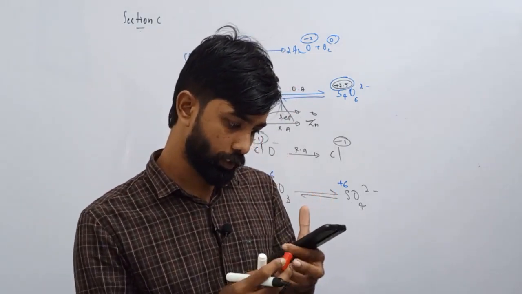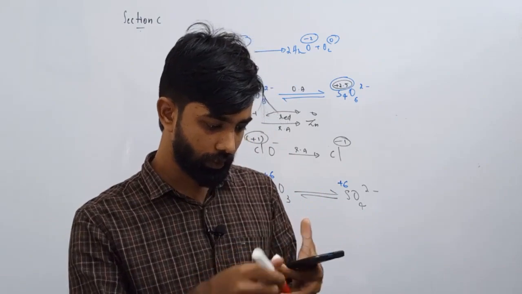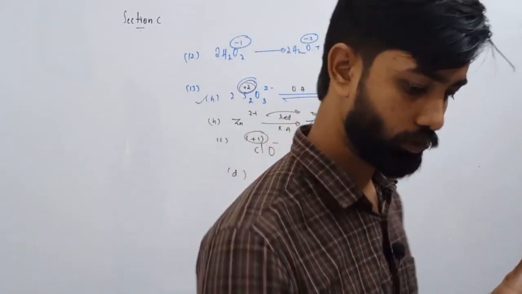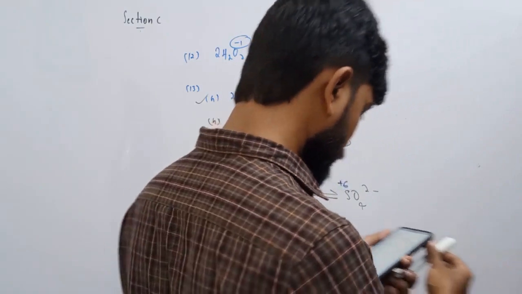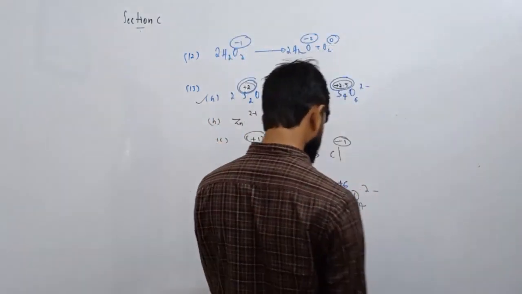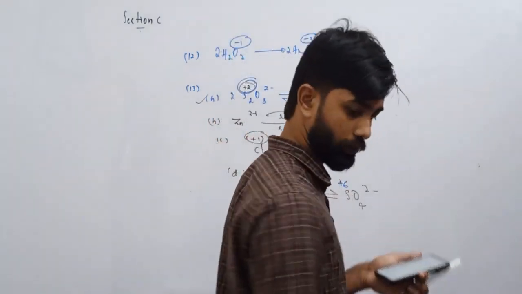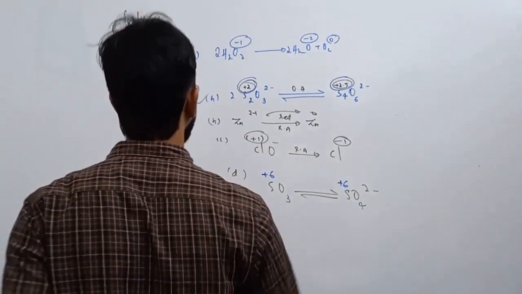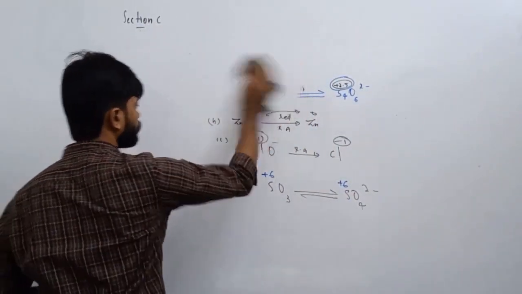The next question is related to your displacement reaction. Okay, we can discuss it here. Given the following reactions A, B, C and D, this question requires a detailed explanation, so listen here.